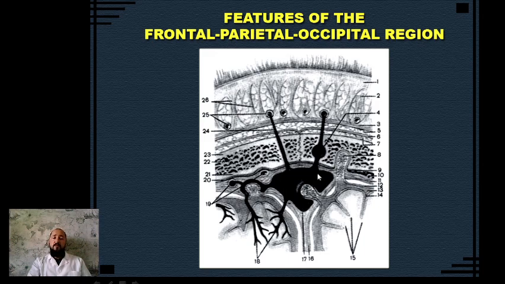This black color shows the venous sinus of the dura mater. What does it mean, venous sinus? There are many sinuses. They make the venous outflow from the brain.